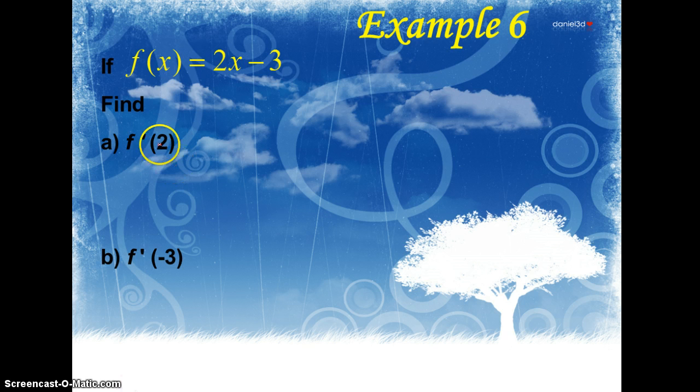A problem like this one, where they ask me to find the derivative at 2 and the derivative at negative 3, it's probably a good idea to try and find the derivative at x, and then use that derivative equation to be able to generate your answer.